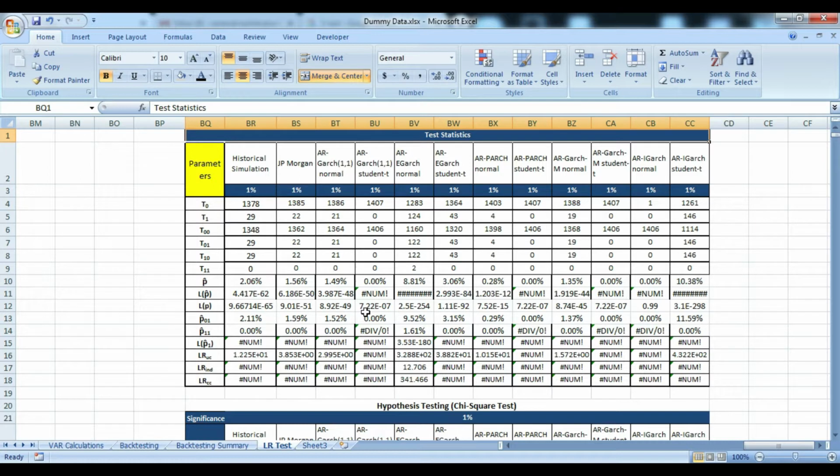So that's all from the likelihood ratio test, guys, and probably I will make one last video where I'll show you how to make charts with the volatility modeling that we have conducted, and that would be the last installment in this volatility modeling series.